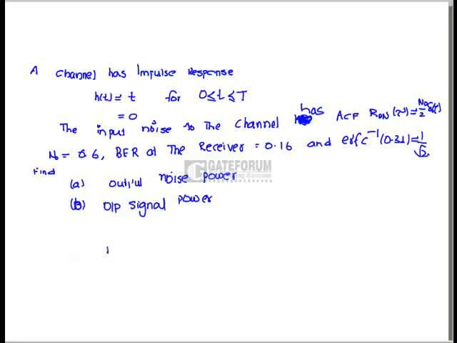Output noise power n square bar equals the double integral of Rn of tau h of u h of v du dv.